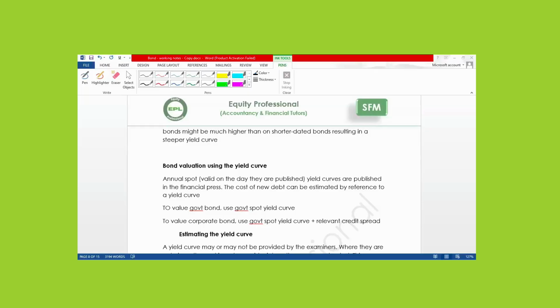Now, at times, the examiner will give you the government spot yield curve. For some questions, the examiner will give you the government spot yield curve.